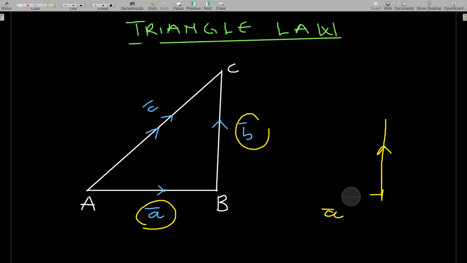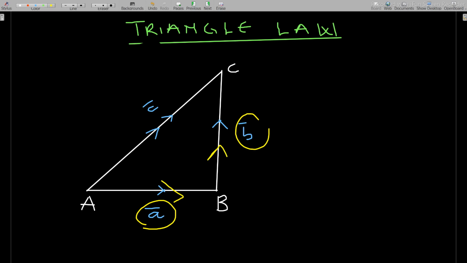In doing this, we have two vectors that have been placed on the two adjacent sides of a triangle, in order like this. So the direction moves like that. This goes here, then this also follows like that.